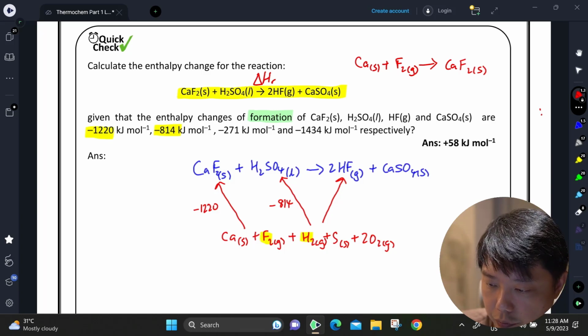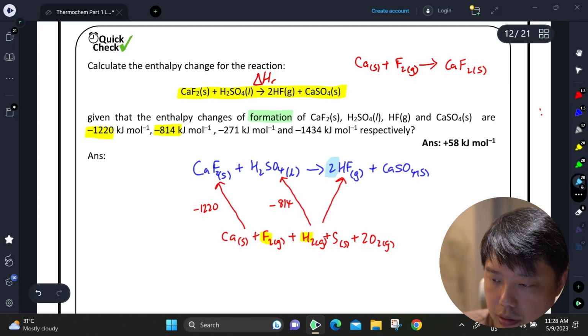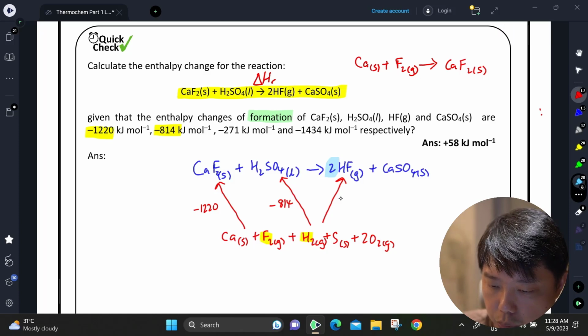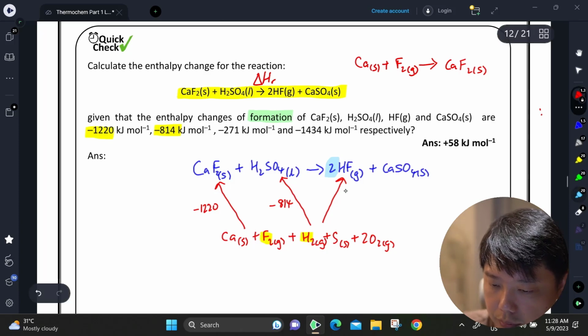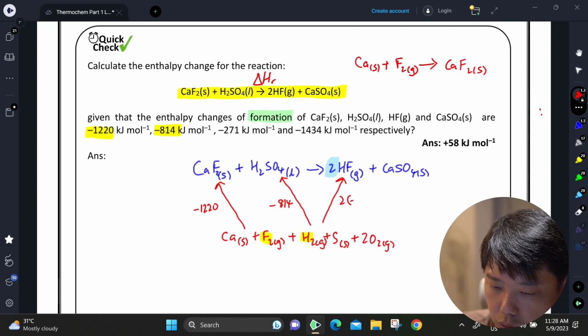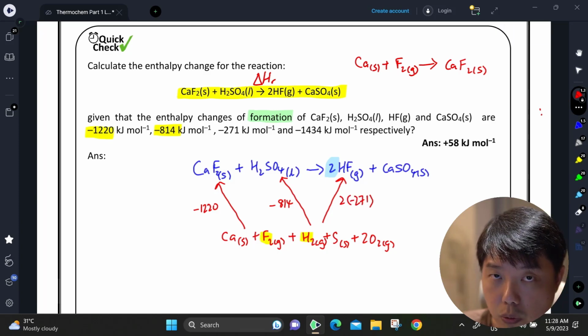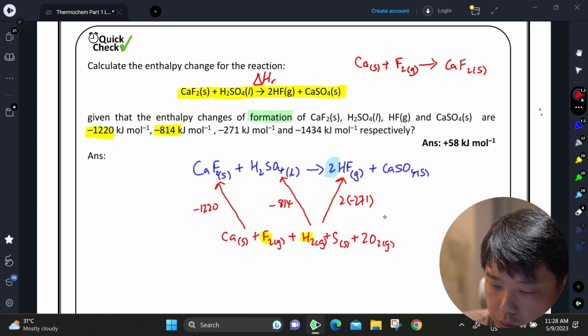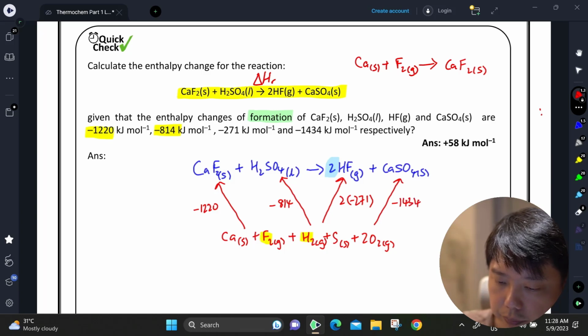Here we have 2 moles of substance formed, that's why we need to put a 2 in front of the negative 271 kilojoules per mole. And the last one is calcium sulfate, which will be this way, minus 1434.